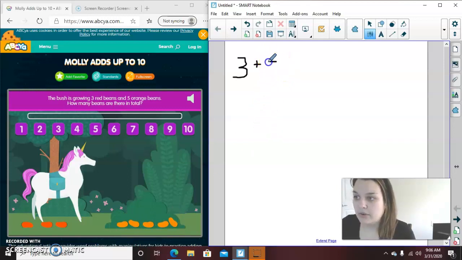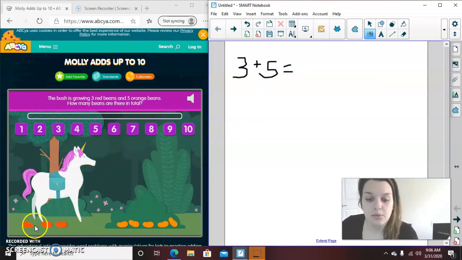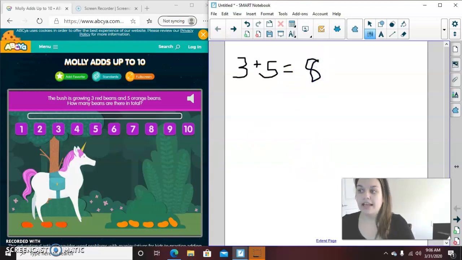Plus 5 orange equals, let's count all together. 1, 2, 3, 4, 5, 6, 7, 8. Okay? So 3 plus 5 equals 8. That's our number sentence, okay?